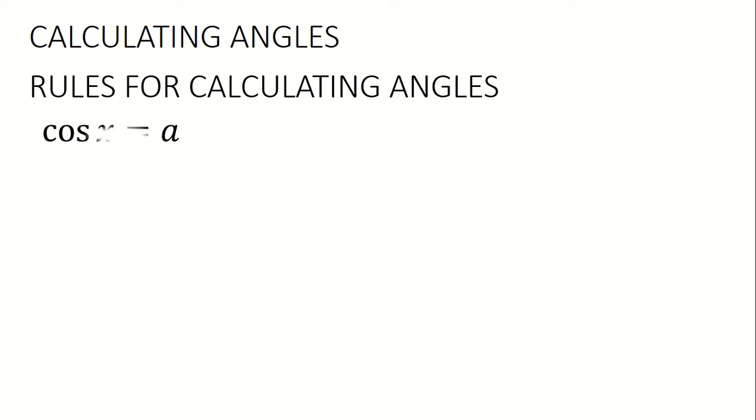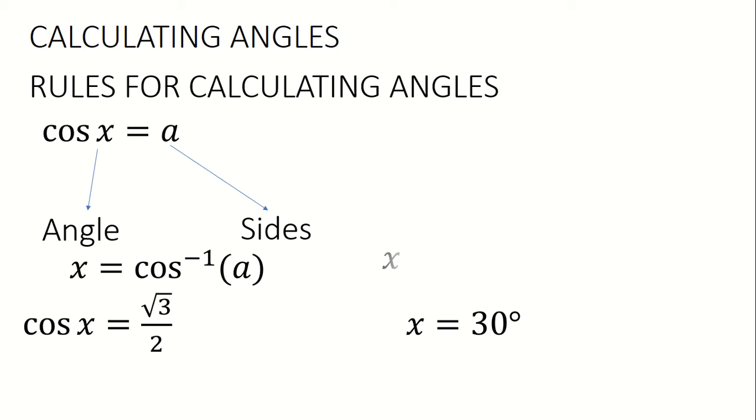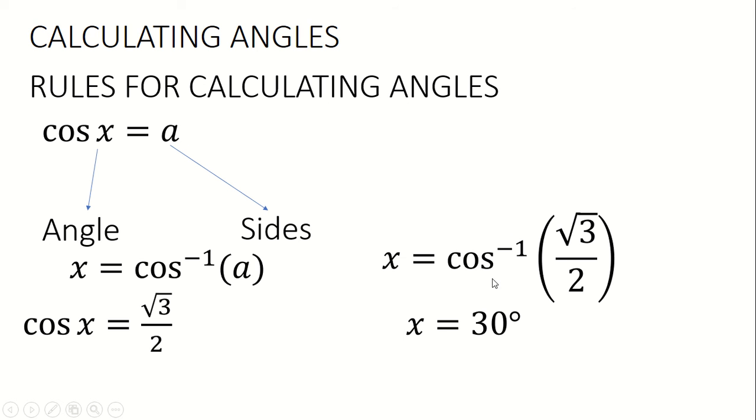If you have cos x is equal to alpha, x is your angle and alpha will be your sides. Let's say you have cos x is equal to the square root of 3 over 2. To find x, you will find arc cos of the square root of 3 over 2, which is equal to 30.